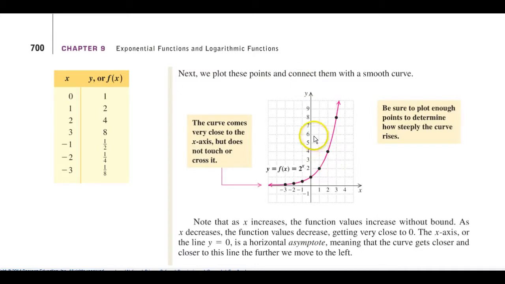Now, if I were a student, and I am in a sense a little bit always, I would take some notes on this and see how we get it. Note that as x increases, our values of x increase, the function values increase without bound.